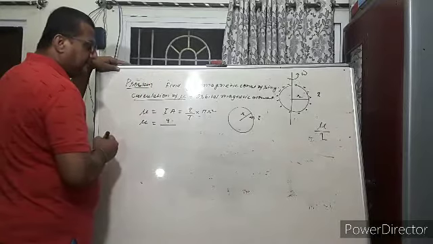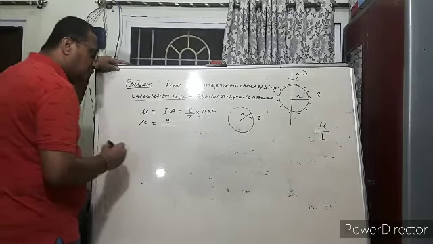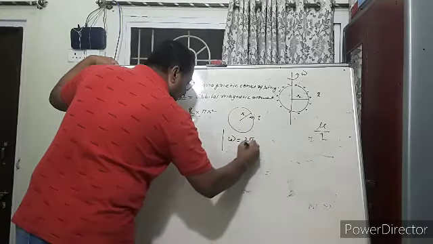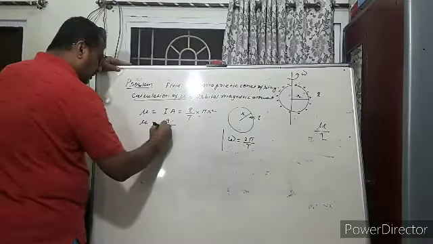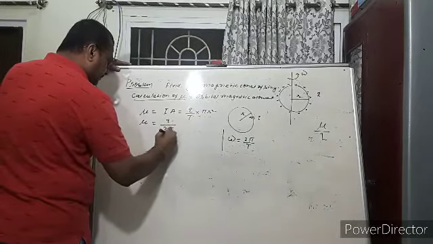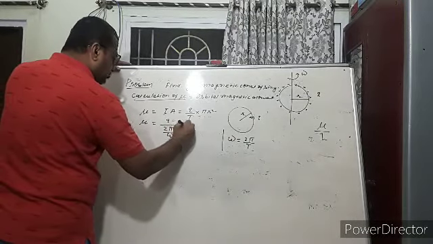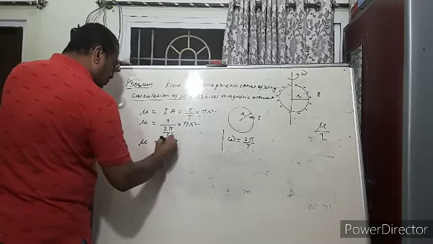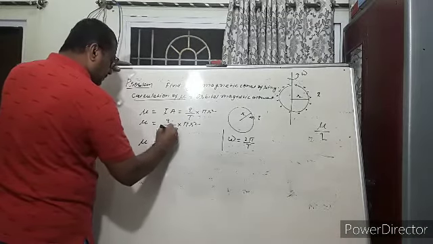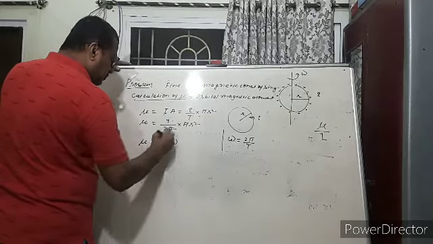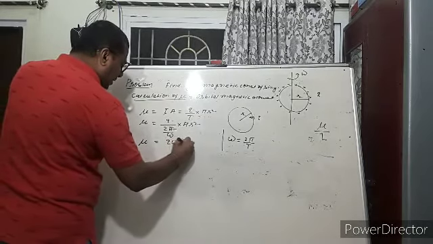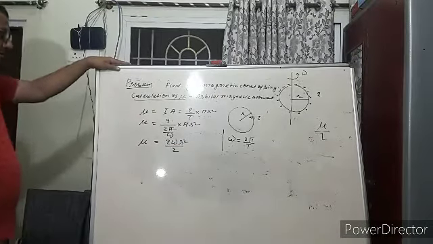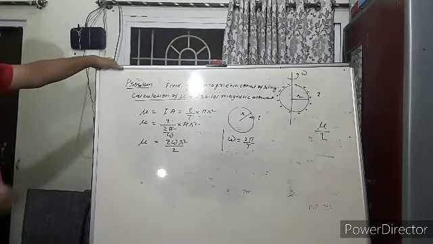Omega is given, so we know omega equal to 2 pi by T. So T will be equal to 2 pi by omega. Mu is Q by T into pi r square, so pi will be cancelled and mu is equal to Q omega r square divided by 2. This is the orbital magnetic moment.